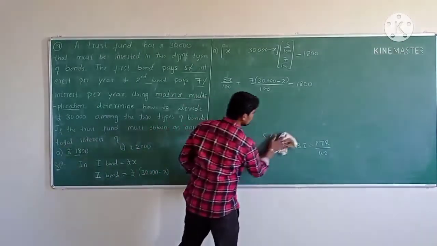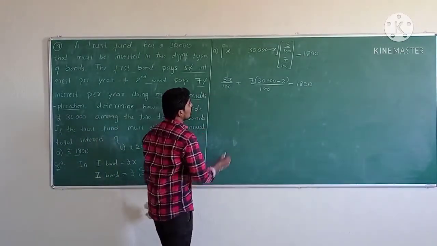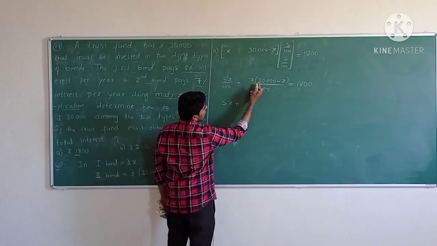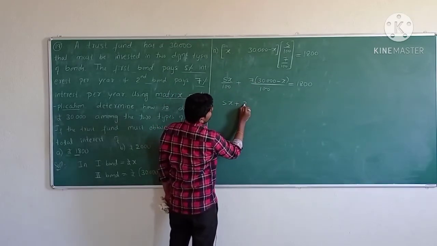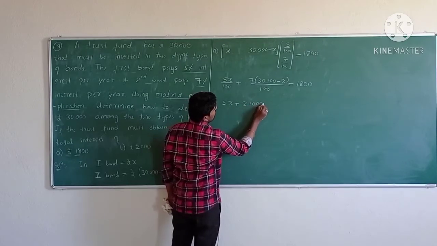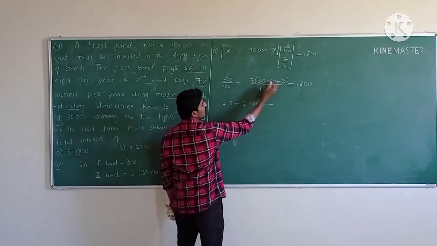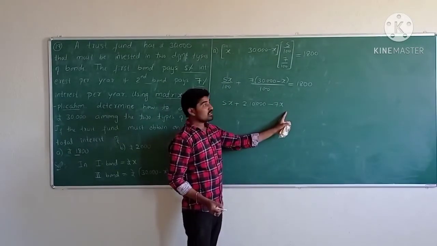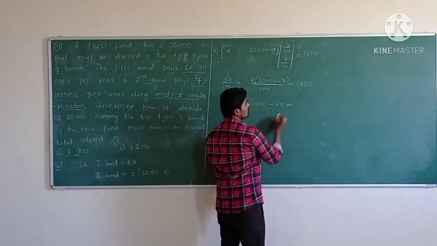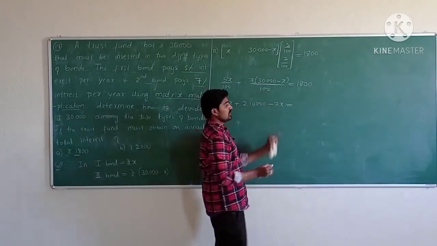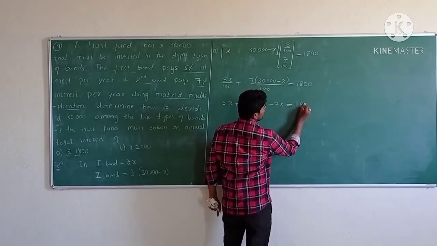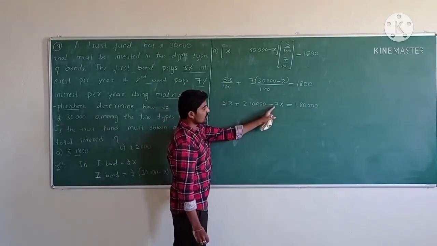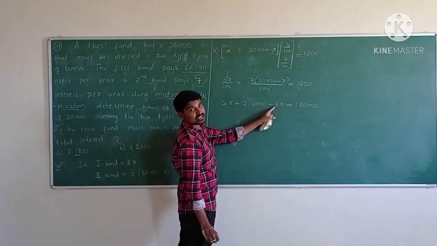Now, here the LCM is 100. So 5x plus 7 into 30,000, which is 2,10,000, minus 7 into x, 7x, divided by 100, and we shift the LCM to the other side. So 1800 into 100 is equal to 1,80,000. Now 5x minus 7x is equal to minus 2x.